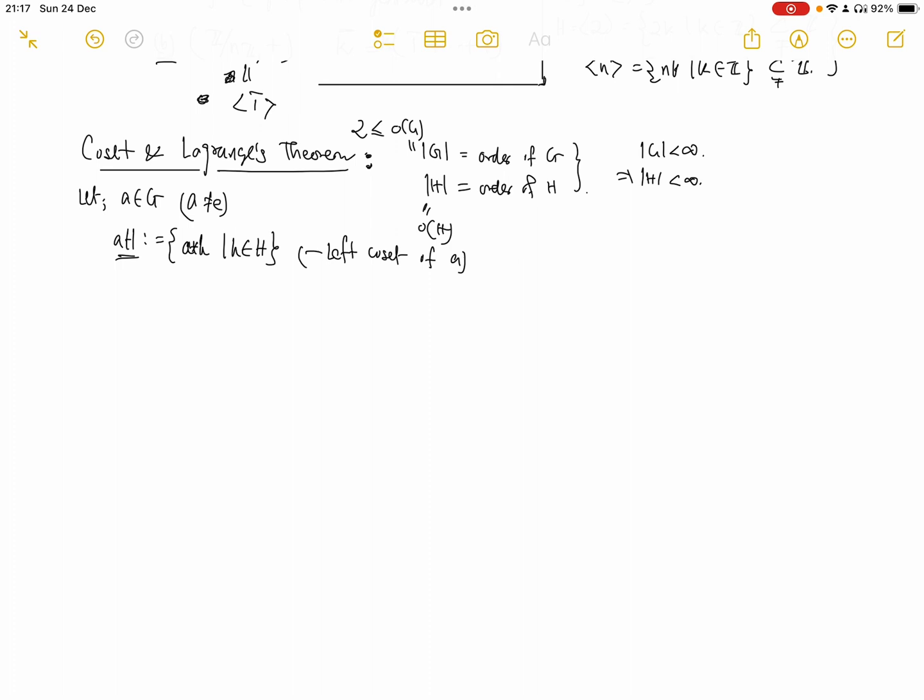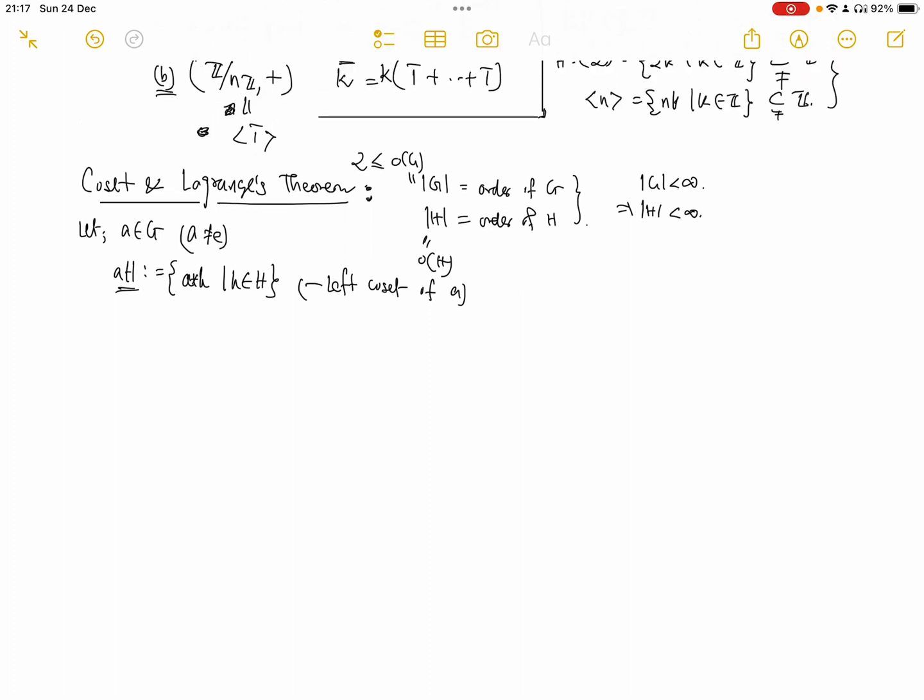Now you can take a relation. It will all make sense after some time, why I'm doing these things. I'm defining a relation on G: you have two elements from the group, a and b.